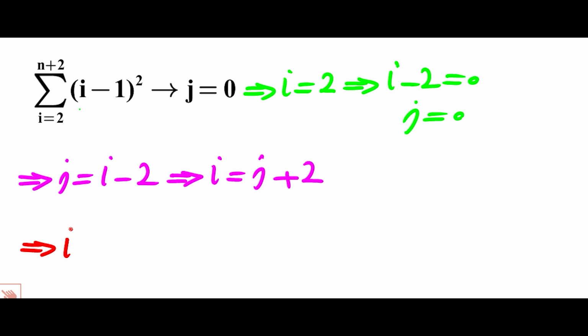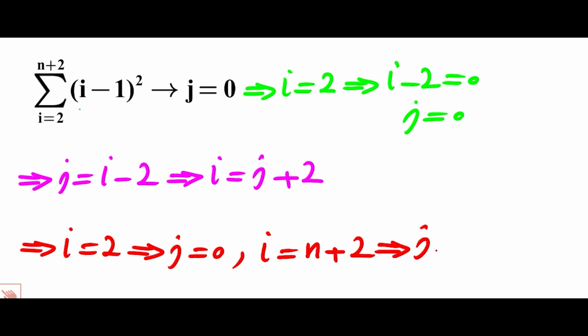When i equals 2, j equals 2 minus 2, which is 0. And when i equals n plus 2, j equals n plus 2 minus 2, which is n.